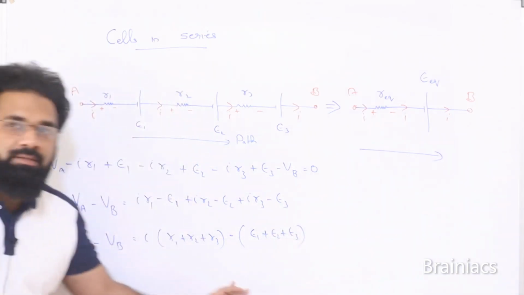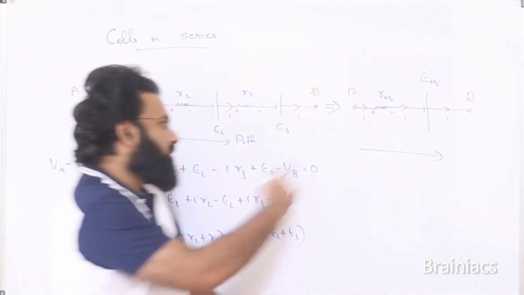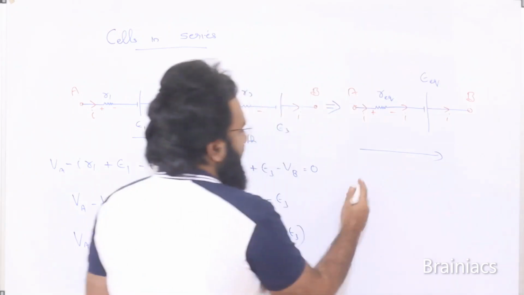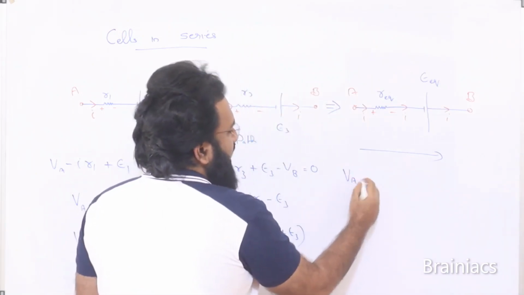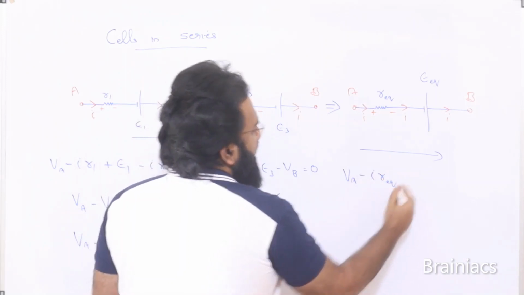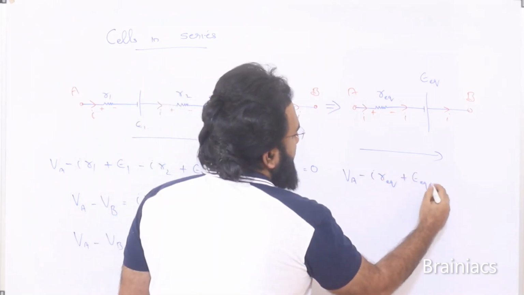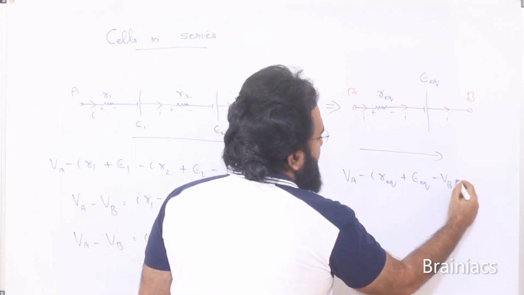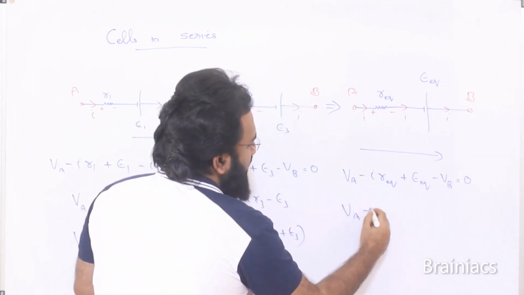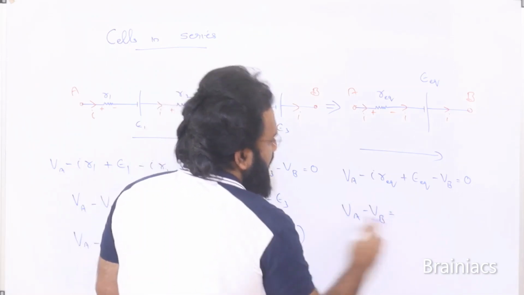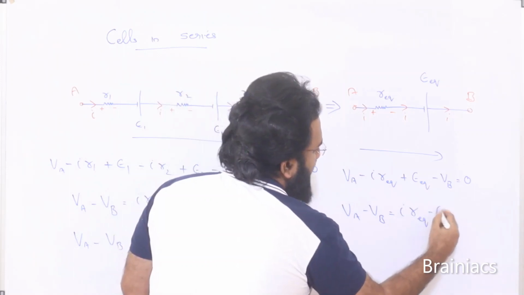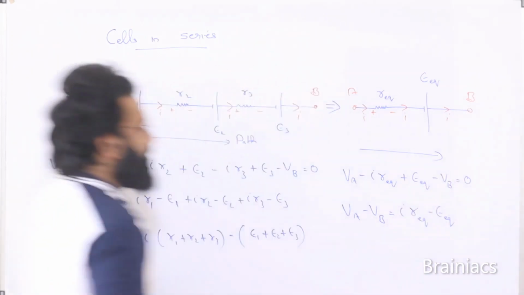Is it clear? Now this side, how will we write? So here I am writing VA minus IR equivalent plus E equivalent minus VB is equal to 0. So here VA minus VB is equal to IR equivalent minus E equivalent.